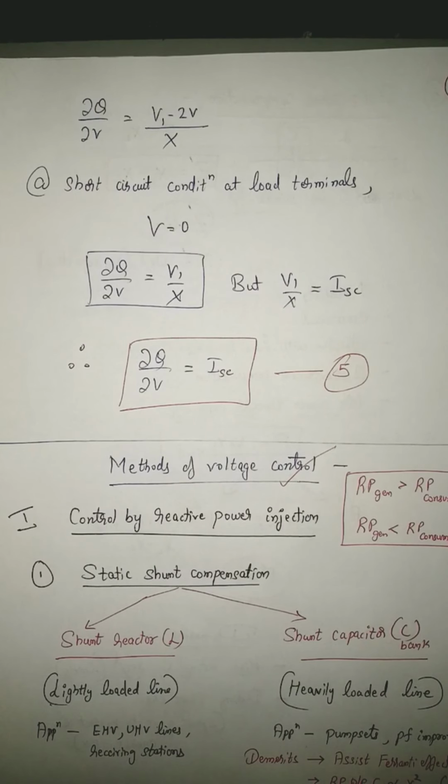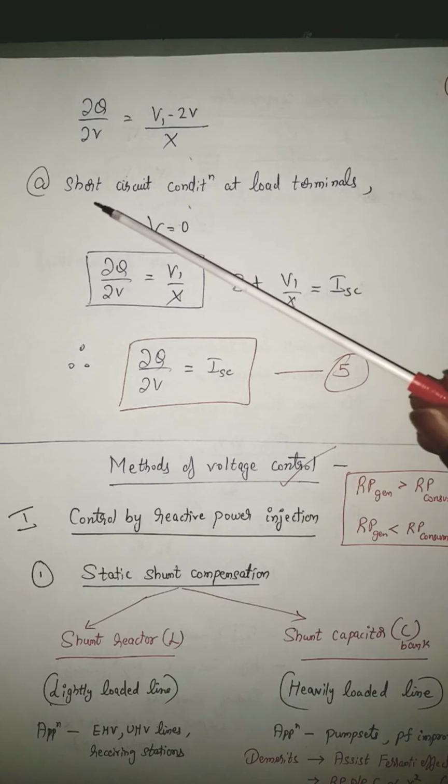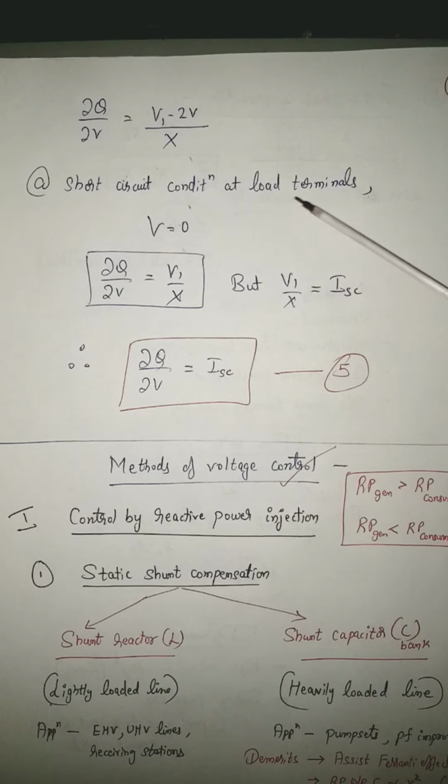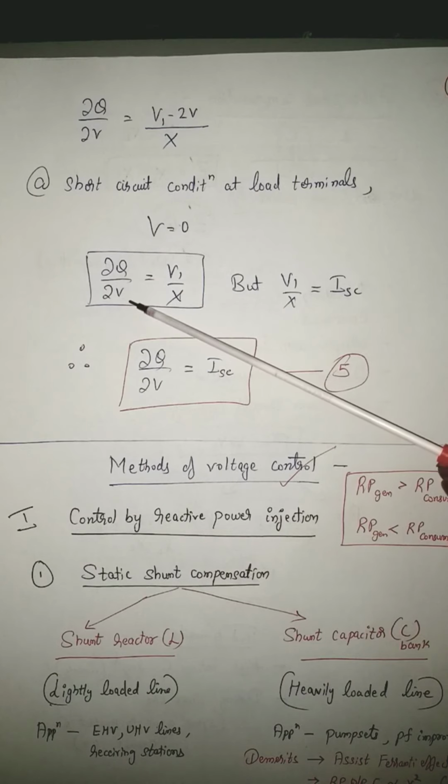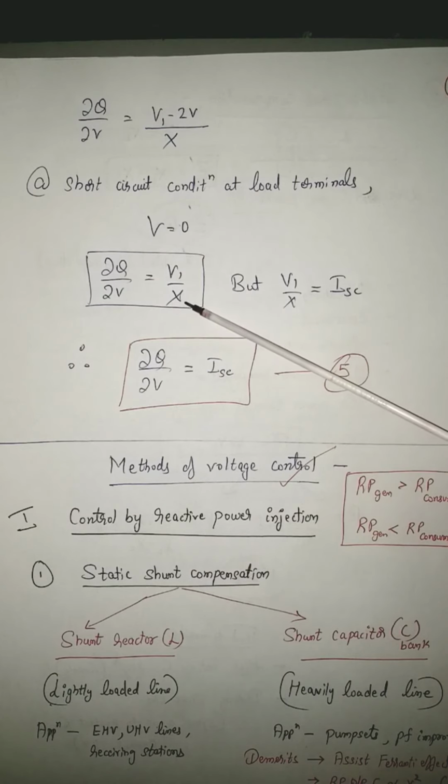Apart from that, we also have to draw an important inference from this derivation. You have just now seen that dou Q by dou V is equal to (V1 minus 2V) divided by X. Just imagine a short circuit condition occurring at the load terminals. In case there is a short circuit at the load terminals, the voltage across the load becomes 0. At the load bus V becomes 0. If it becomes 0, dou Q by dou V now becomes V1 divided by X. But from the circuit, you know V1 divided by X is nothing but current.